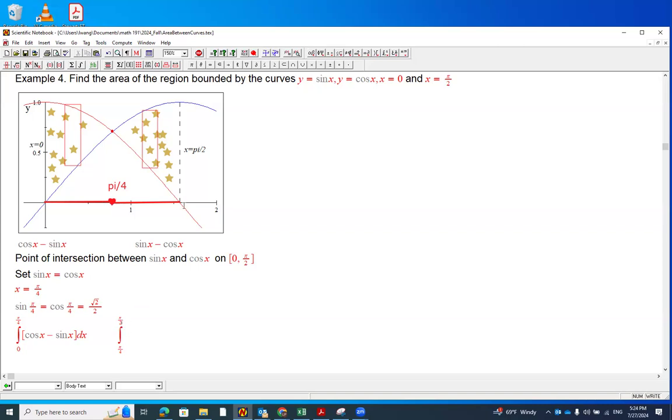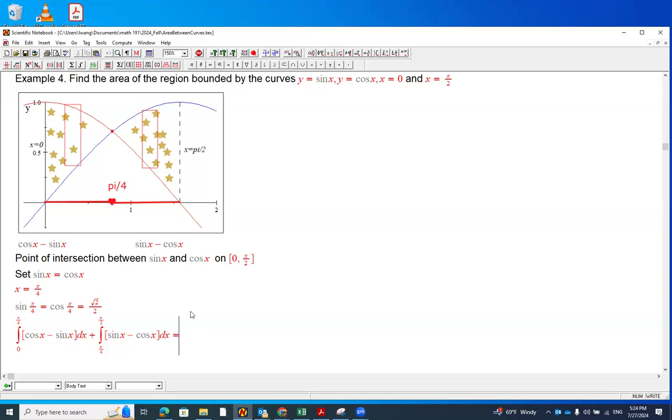On this interval the function is sine x minus cosine x dx. So that will be the total area between these two curves. And so for the total area, we're going to have to add them up. And we're going to finish the rest.